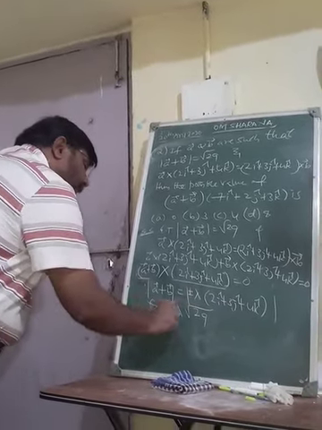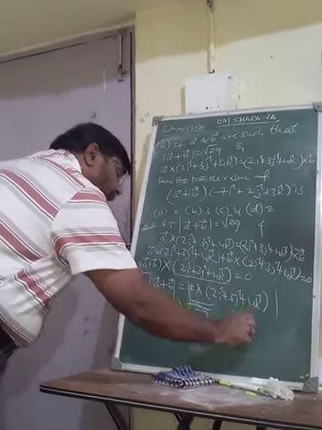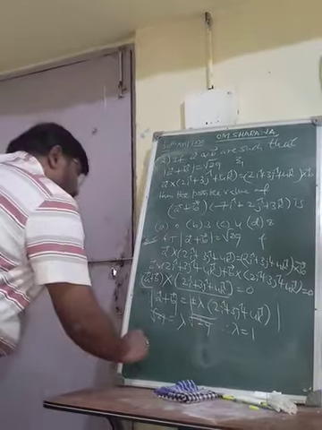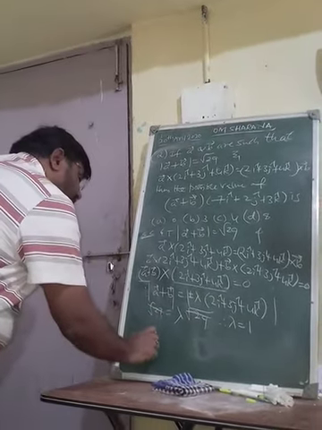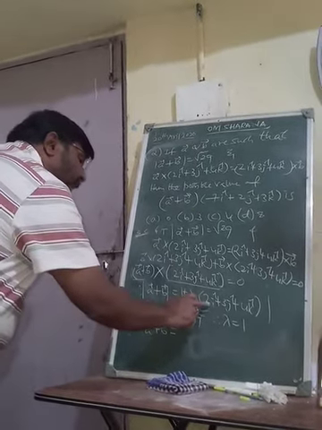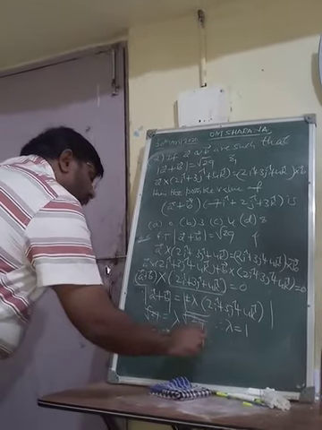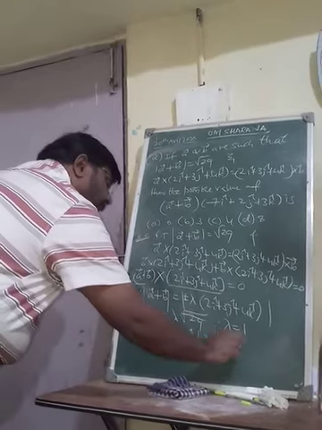So as these cancel on both sides, the lambda value is 1. Therefore, vector A plus B equals 1 of 2i cap, 1 of 3j cap, 1 of 4k cap.